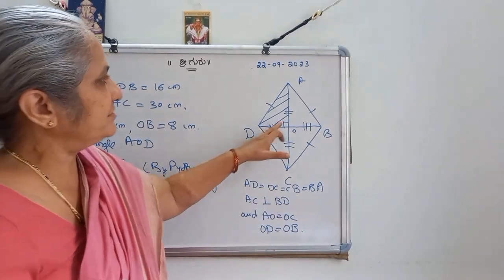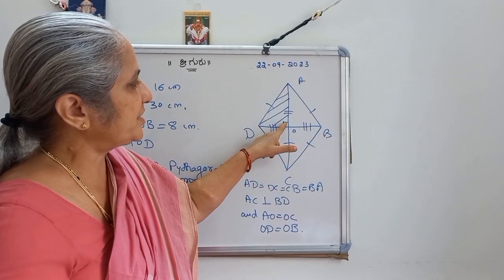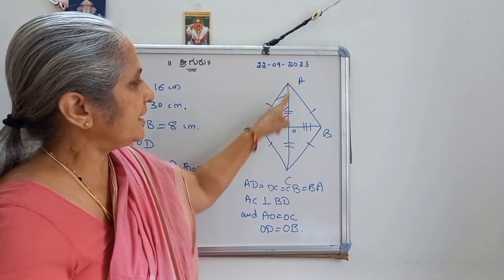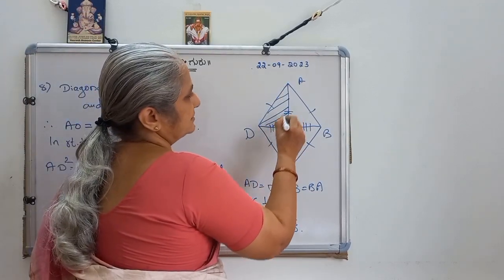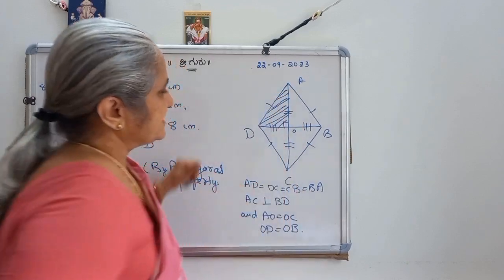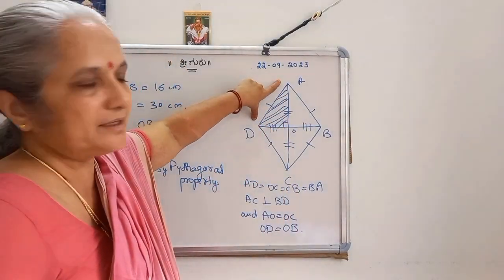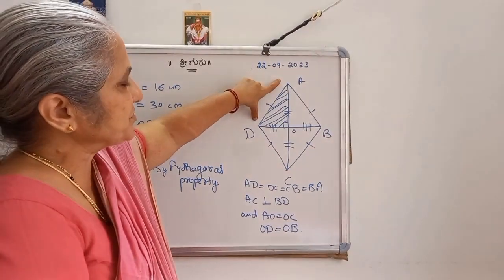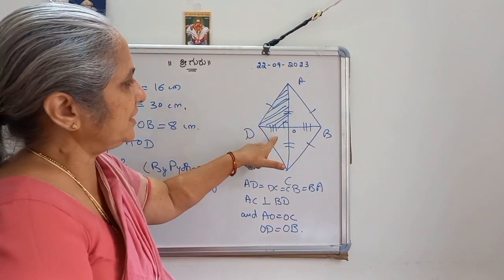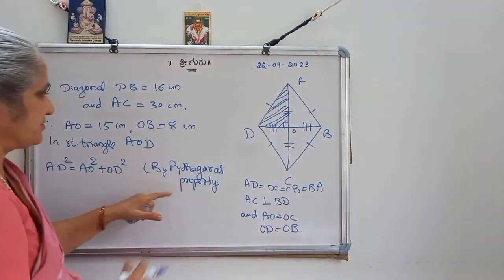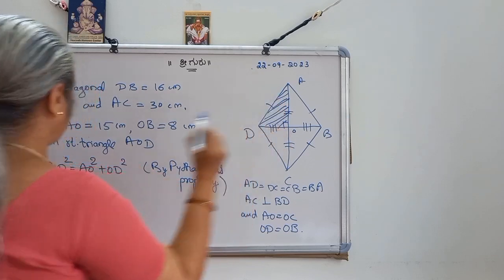AC perpendicular to BD means what? The right angle is formed at the point O and AOD is considered as the right triangle. The side opposite to the right angle is AD and it is the longest side. Therefore, hypotenuse square is equal to the sum of squares of the legs or the other two sides. By Pythagoras property, we could write AD square is equal to OD square plus OA square.